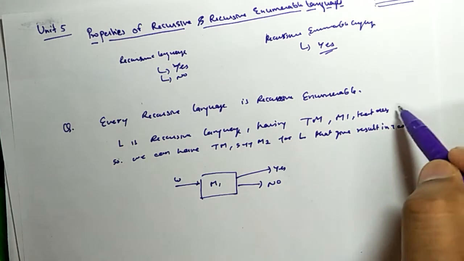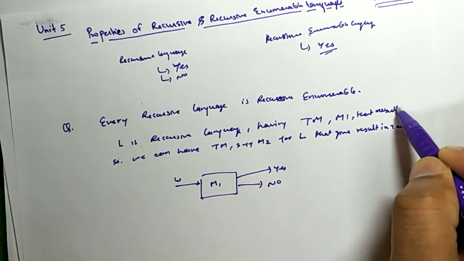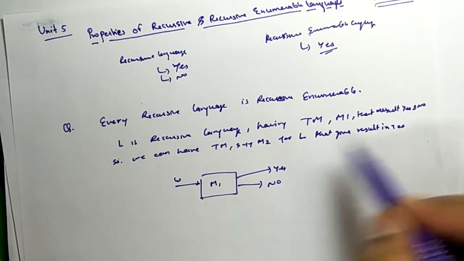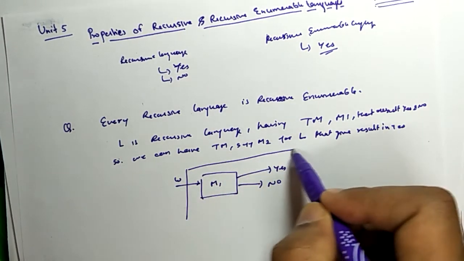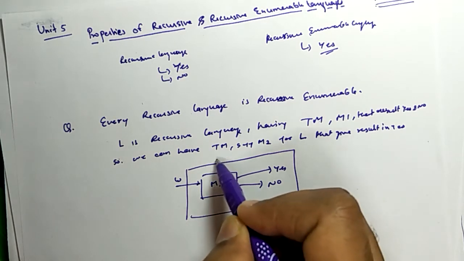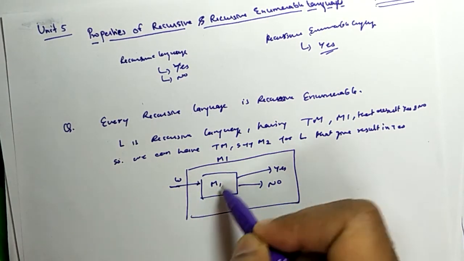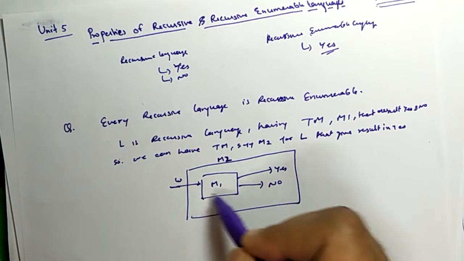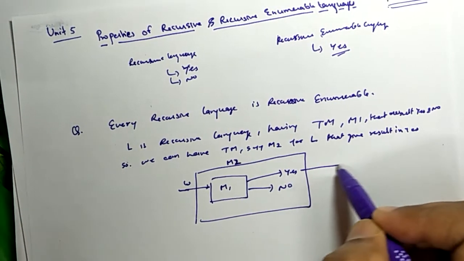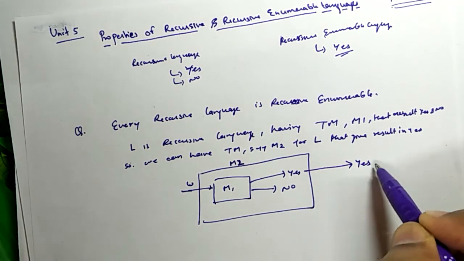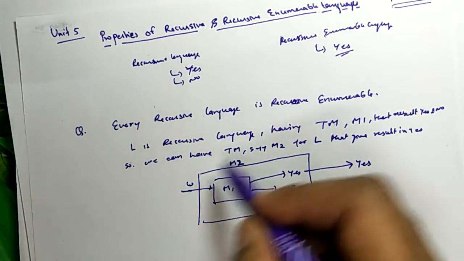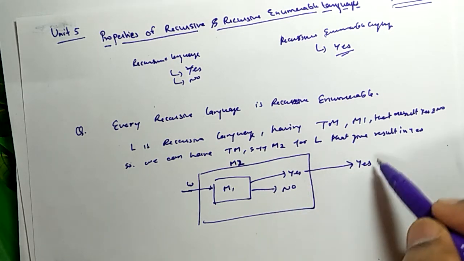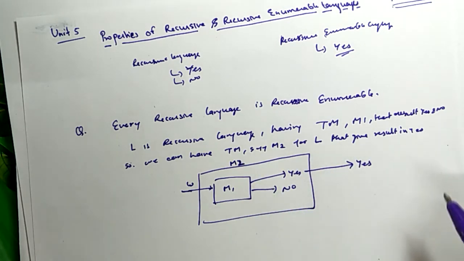L is recursive, so M1 gives the result in yes and no. We can get the result in yes by modifying the Turing machine M1 into M2, and for those inputs accepted in M1, all will be accepted in M2 also. So M2 is a recursive enumerable language, and we can get yes as a result for M2.